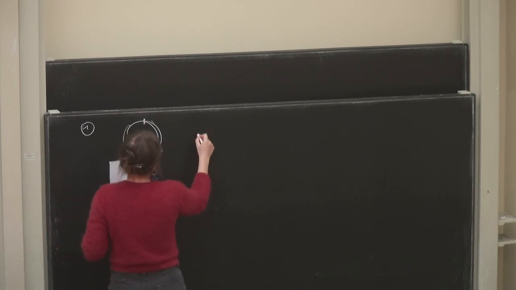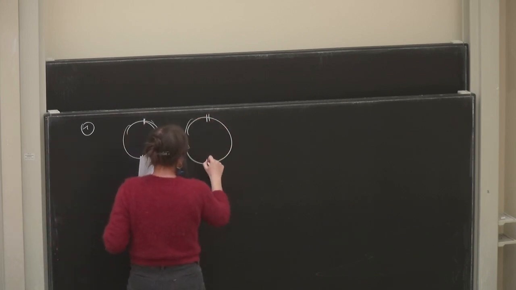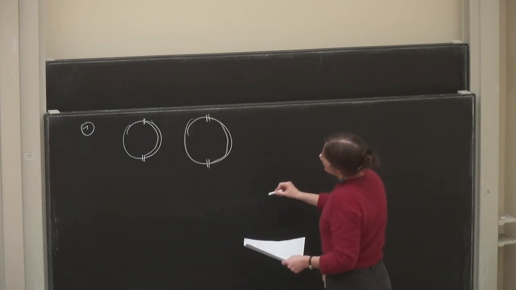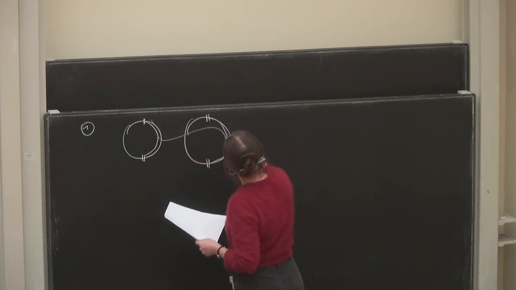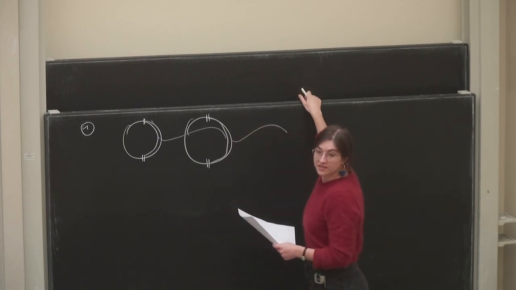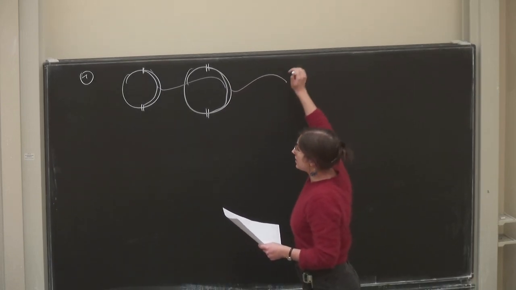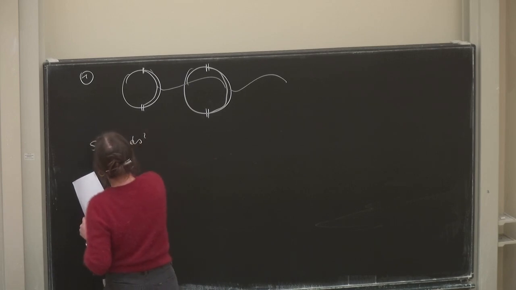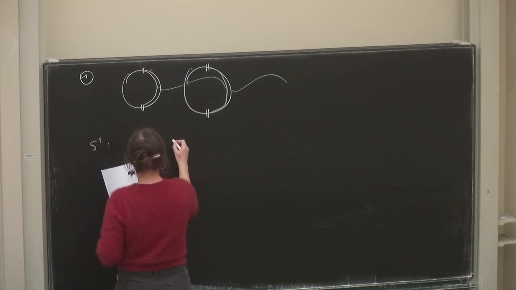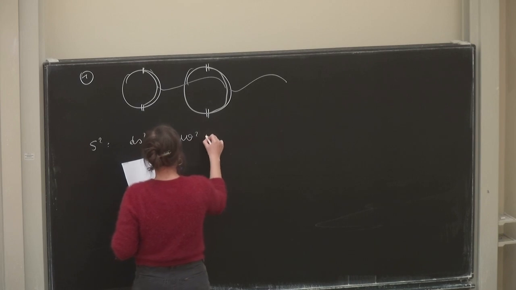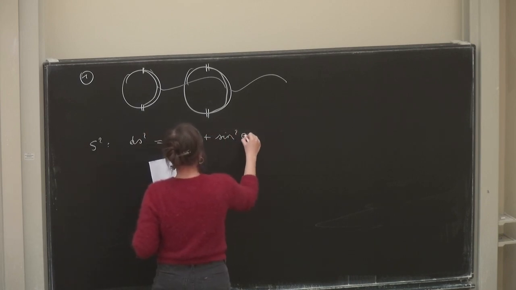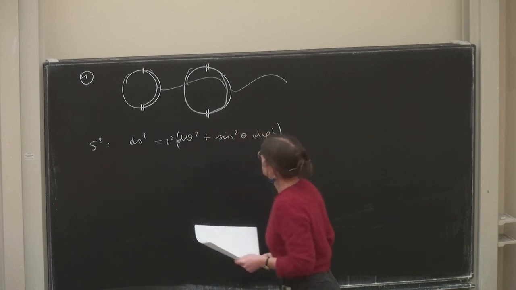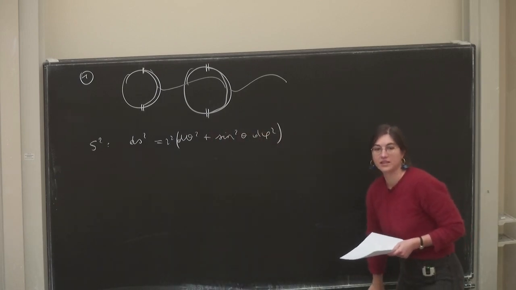So basically, your replica manifold will be n spheres that you connect, okay, along this slit, which is A. So let's start with the metric for the sphere. Which is this.